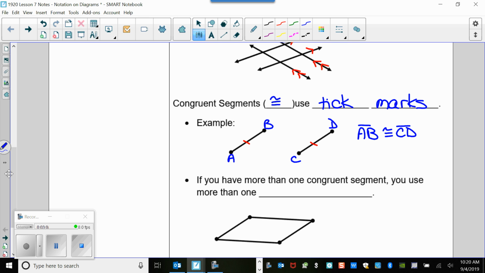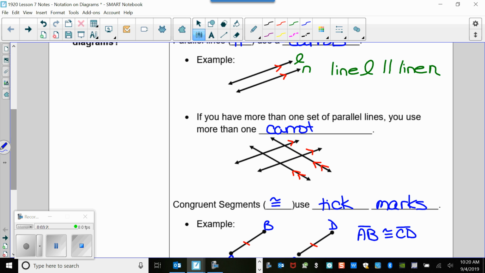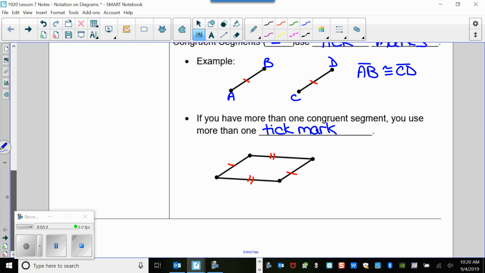Now, if you have more than one congruent segment, you have to use more than one tick mark. So single ticks, double ticks. You can do triple and quadruple ticks, but again, if you have to go beyond that, please bust out the colors. Otherwise, your diagram is just too hard for anybody to read.